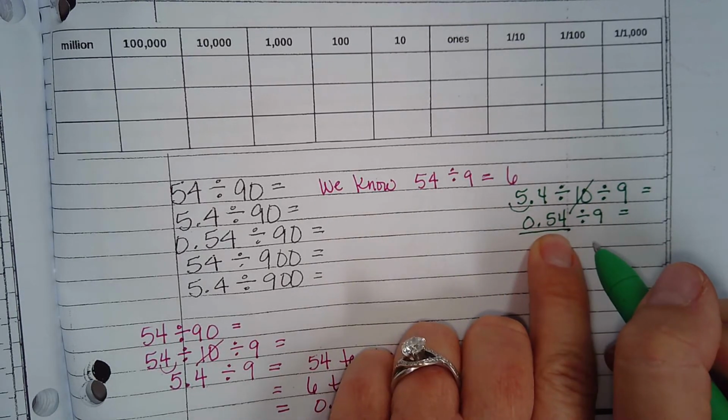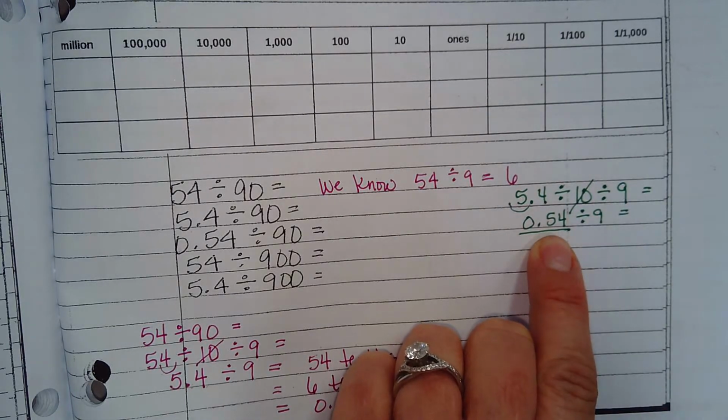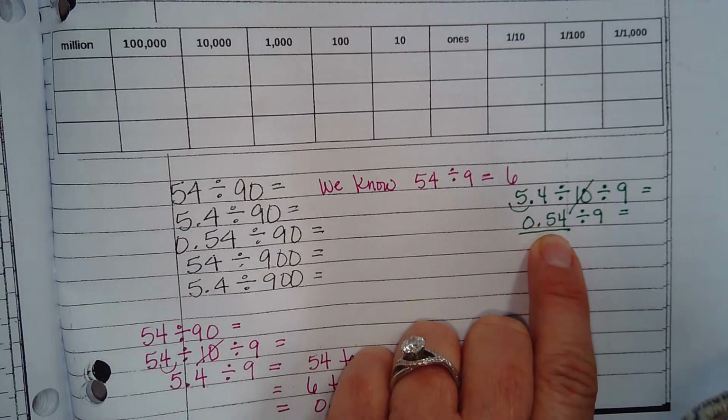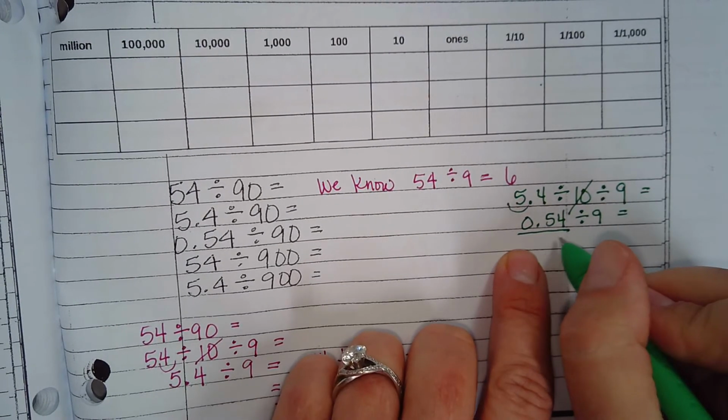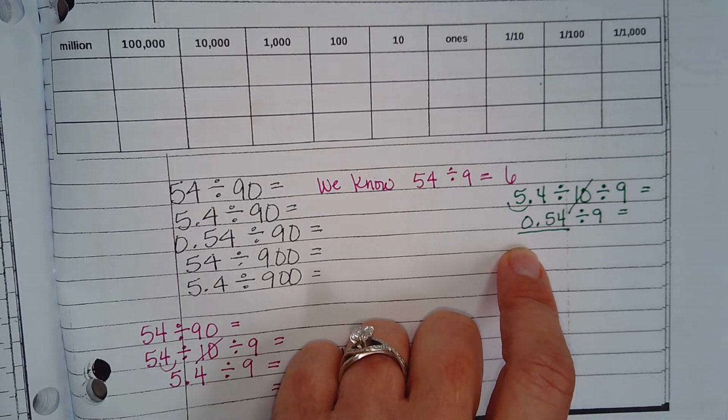Right here, Megan. How many numbers are behind the decimal? 2. Okay, so guess how many numbers are going to be behind the decimal on your answer?